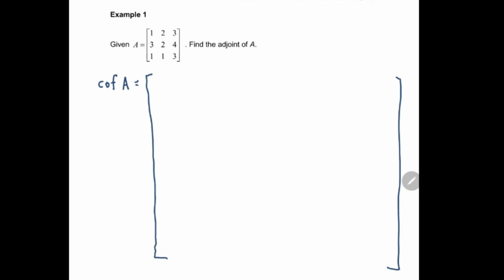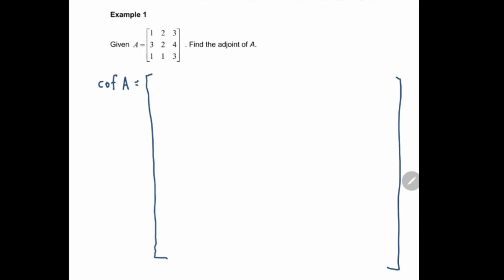Okay, we look at the first example. Given matrix A, 1 2 3 / 2 4 1 / 1 3, find the adjoint A. So what we need to find is, first, the cofactor of A, the matrix of cofactors. So I write it in matrix form like this.